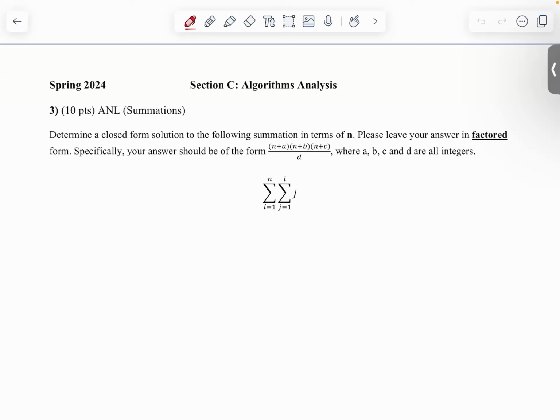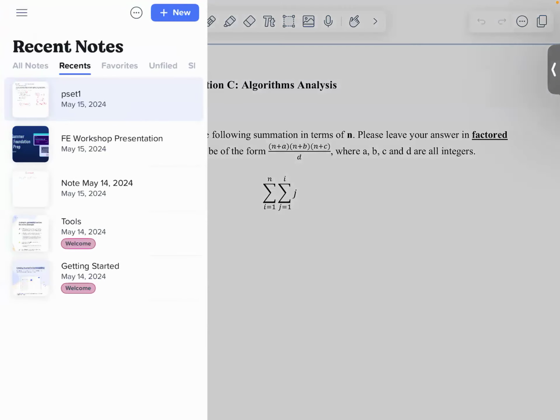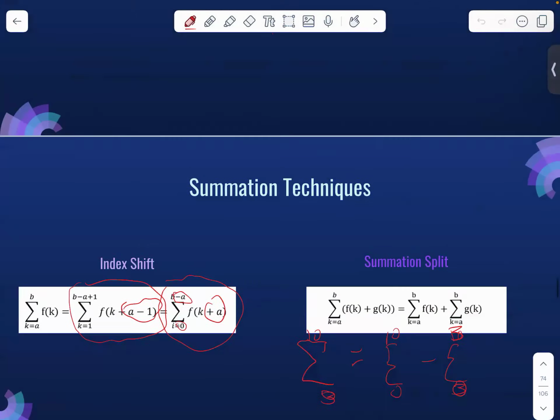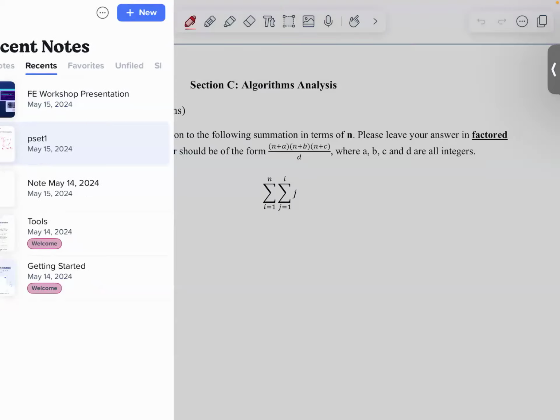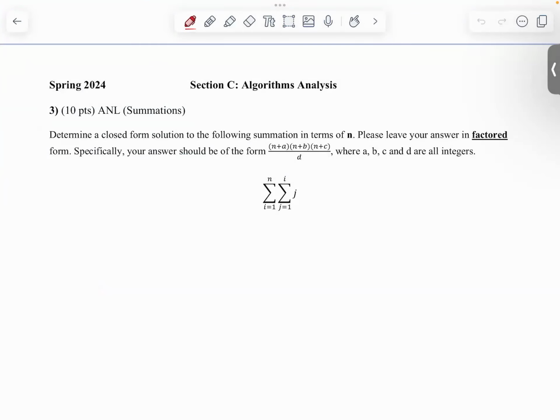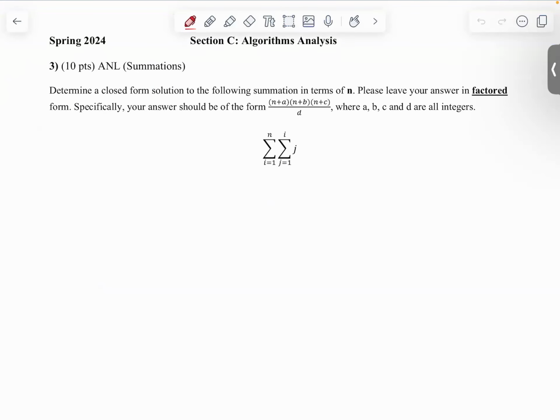So first things first, because this is already in a closed form, we just go back and check our formula sheet for what the closed form for this is. It would just be the sum of i, so we know it's n times n plus 1 over 2, or whatever the upper bound is for that. We can plug that in off rip, and our summation becomes, what time is it? 4:18.